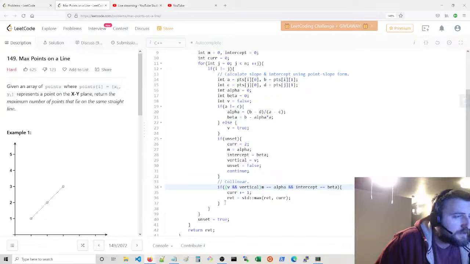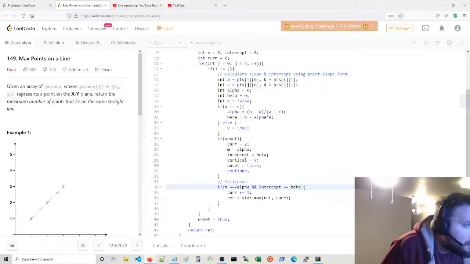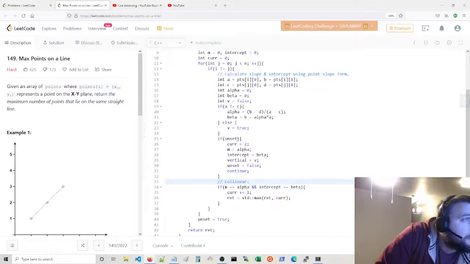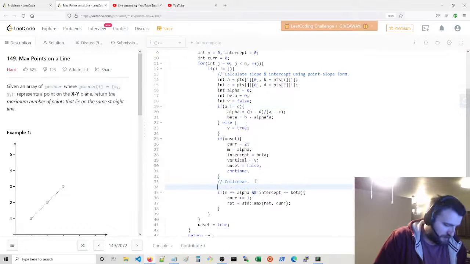Now here's the deal. Part of the issue is, this is really tricky, so we should do it this way.